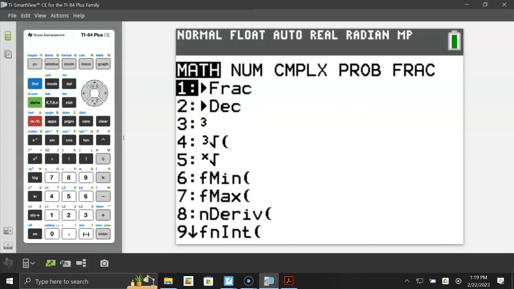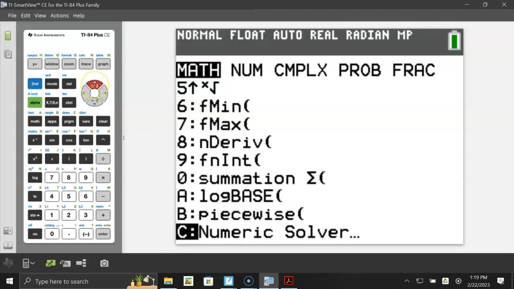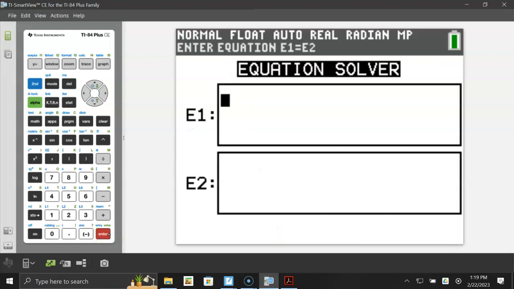So if you guys hit math, you have to hit the down arrow to scroll. All right, you guys watching this? So, math, and then hit C. It's on yours too.